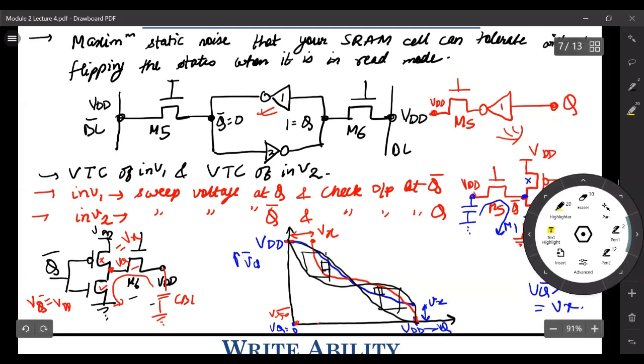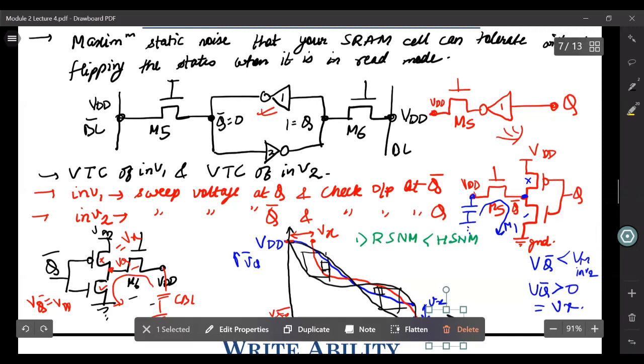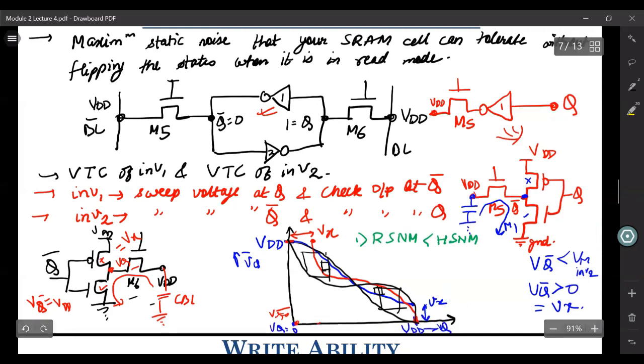So what does this imply? This first implies that your RSNM is less than your HSNM. What does that mean? Your read process is more sensitive to noise.